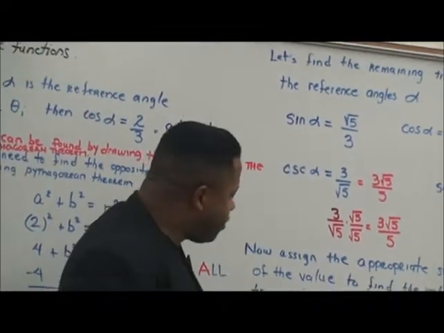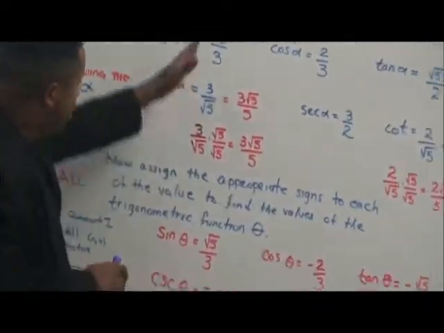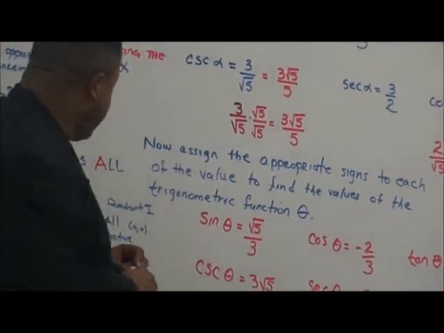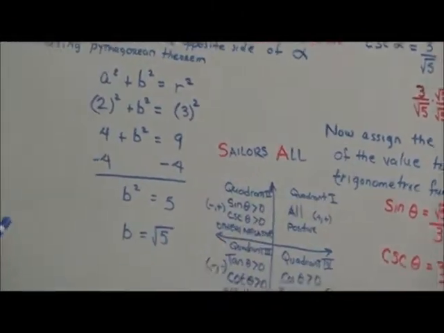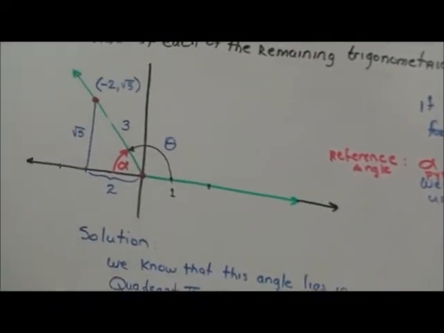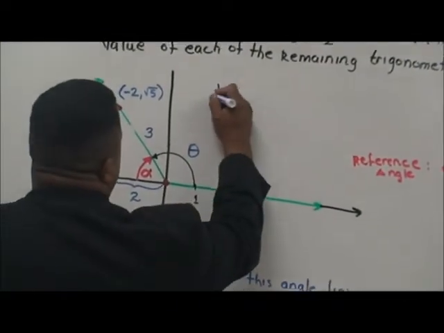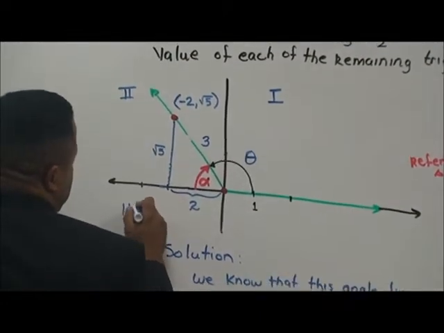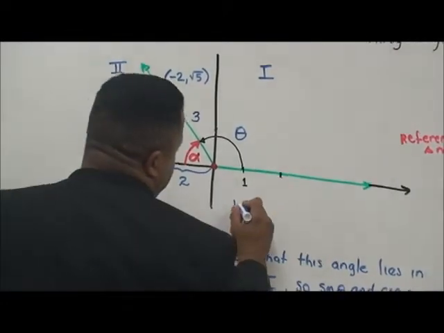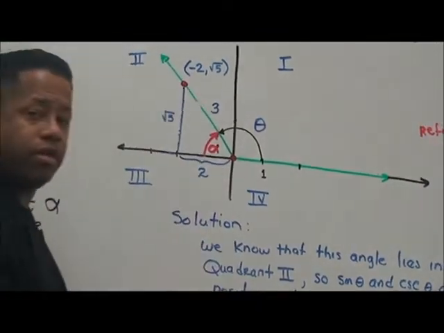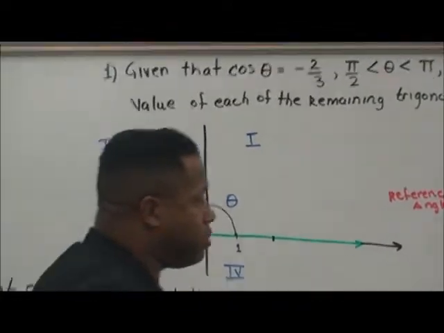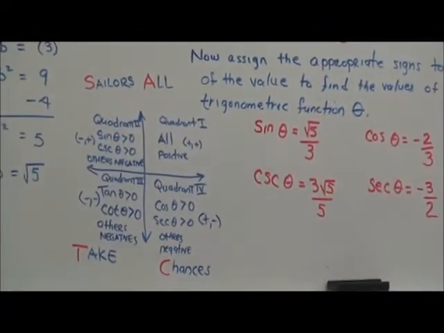So now the sine theta is the square root of 5 over 3. Now, let's look at this graph real quick. Where's the angle lying in this case? You have the first quadrant, second quadrant, third quadrant, and the fourth quadrant. Remember that? With this angle falling into the second quadrant, sine theta is considered to be positive here.